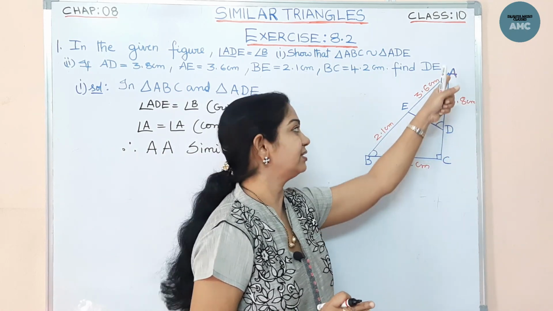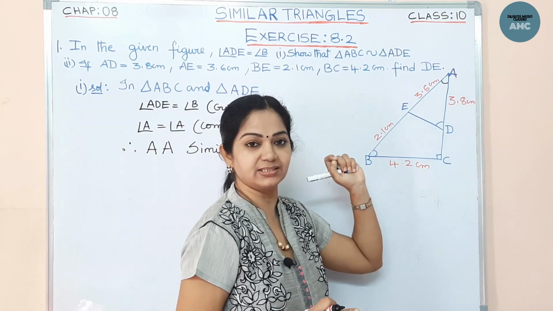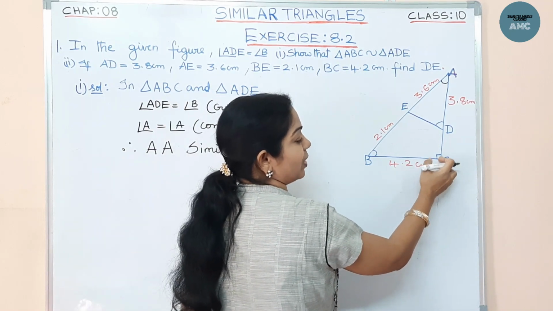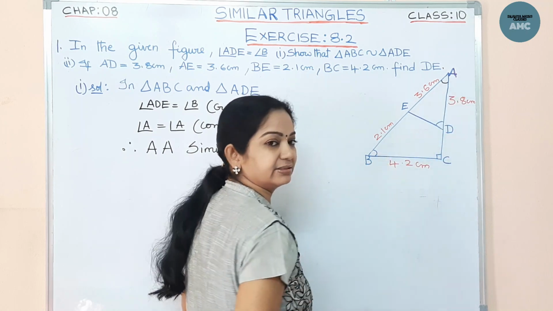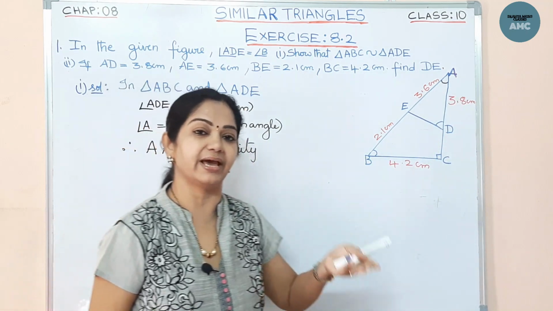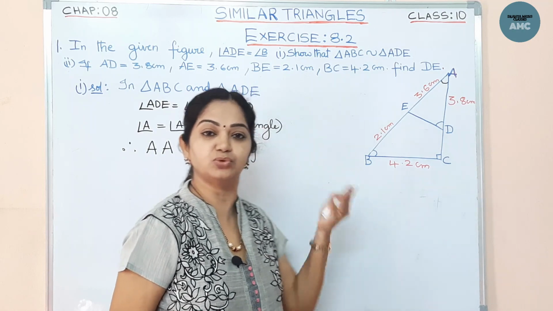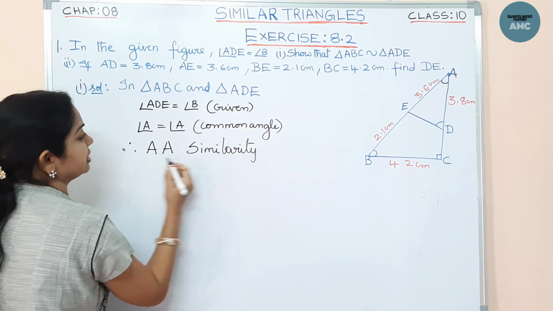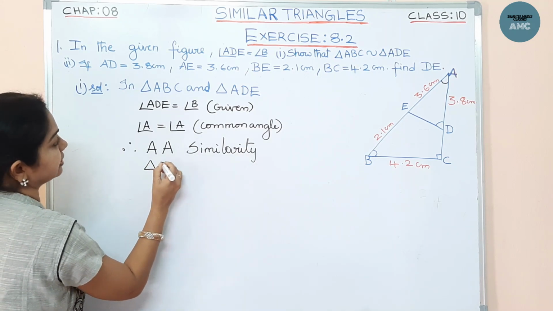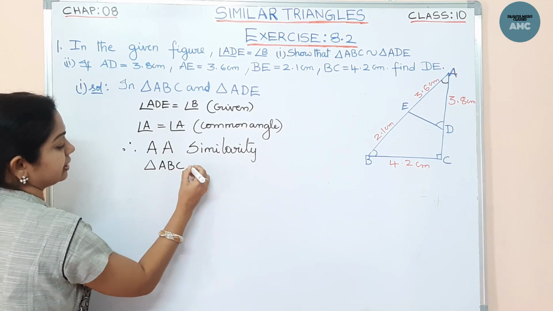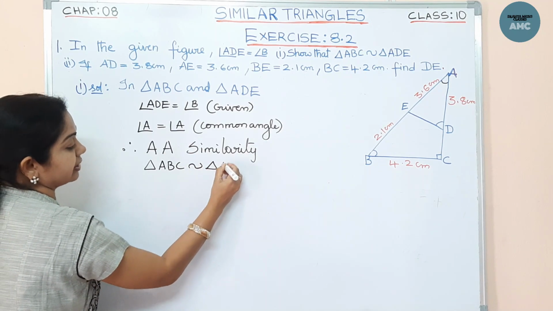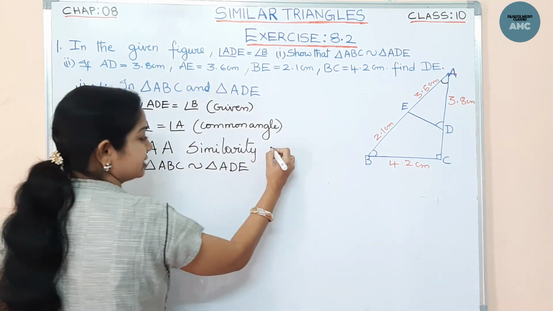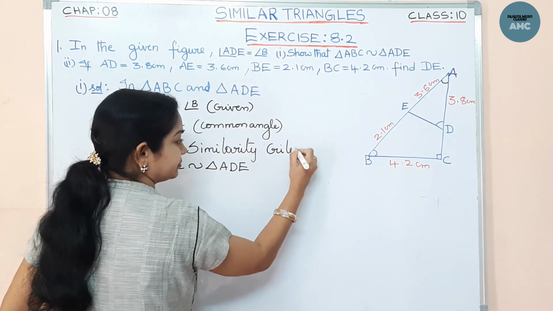When these two are equal, this is 180 minus the sum, and here again it is 180 minus the sum of A and B. So naturally the third angle will be equal. If you check two angles, it's enough. So by angle similarity, we can say that triangle ABC is similar to triangle ADE. So we have the three criterions. Similarity criterion, you write better.